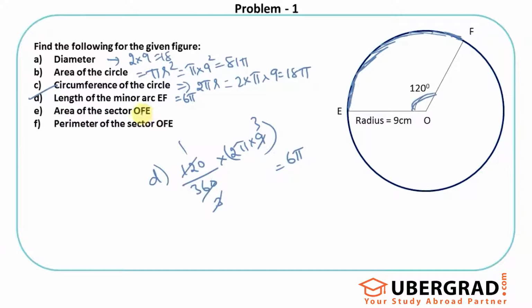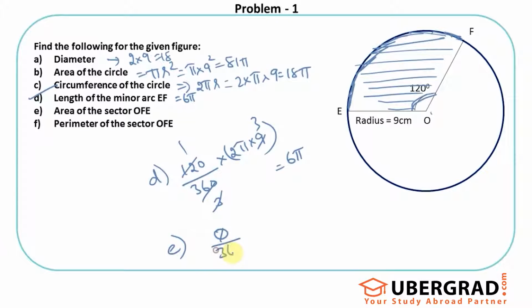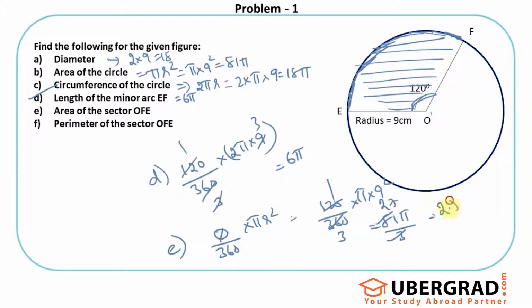Area of sector OFE: I need to find this entire area, and the formula I need is theta by 360 into pi r square. That is 120 by 360 into pi into 9 square, which is 81. So that's 1/3, 81 pi by 3, which is 27 pi. 27 pi is the answer for this sector OFE.